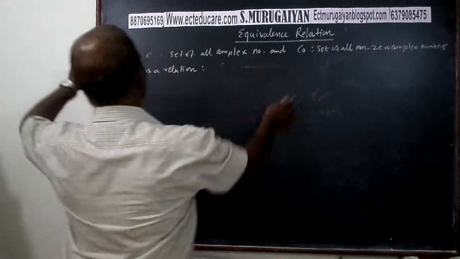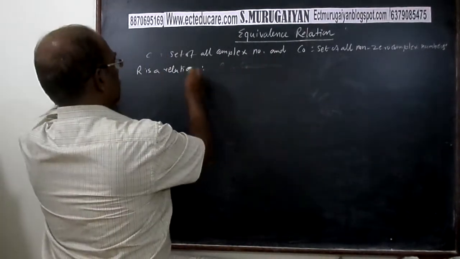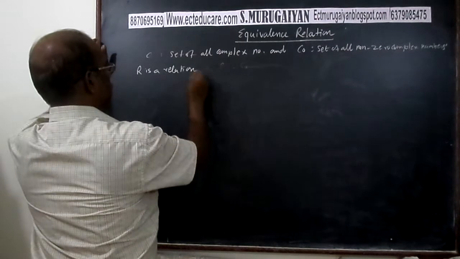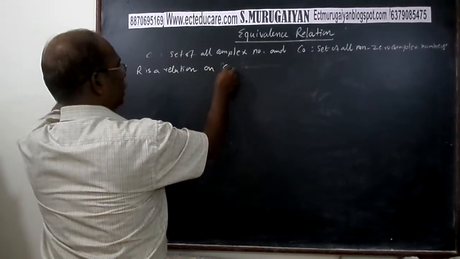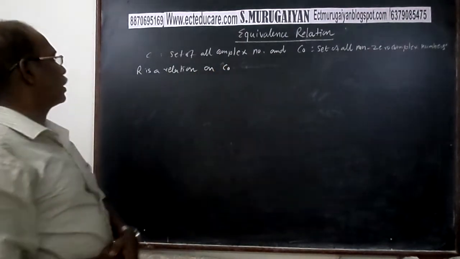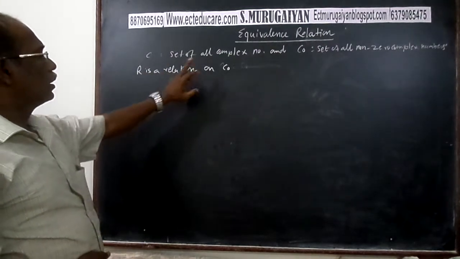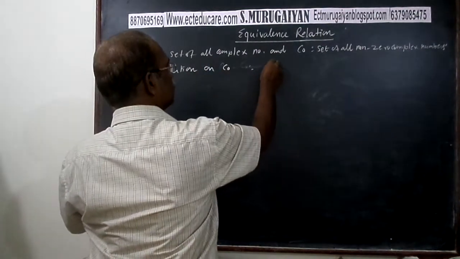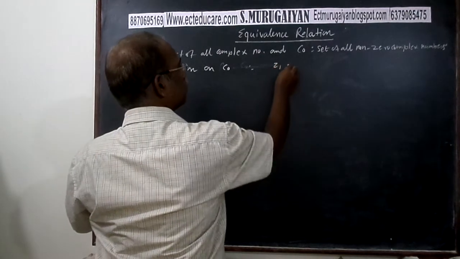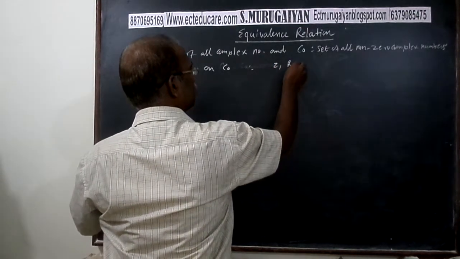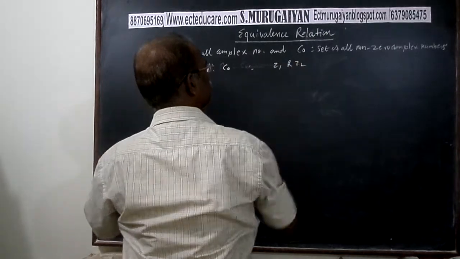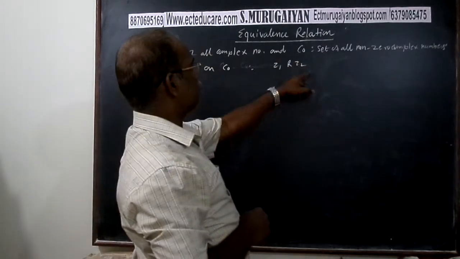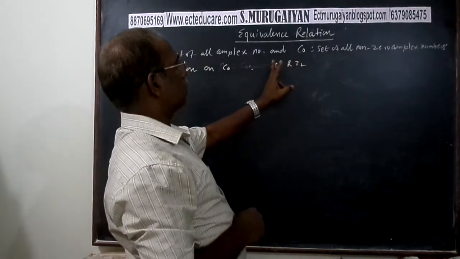Actually R is a relation defined on the set of non-zero complex numbers, such that Z1 is related to Z2. So there is a relation between Z1 and Z2.